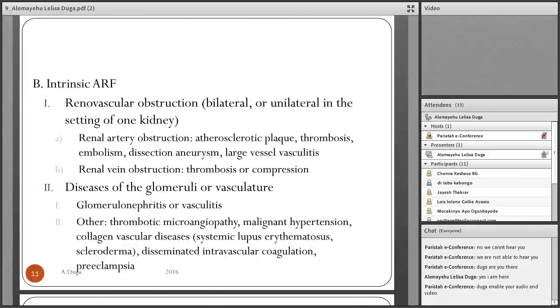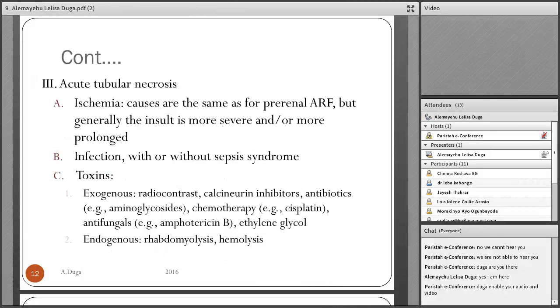The second one is intrinsic. This is related to kidney problem, which is usually due to nephrons. So renovascular obstruction, diseases of glomerular and vasculature. So intrinsic acute kidney failure is all about kidney problems, glomerular filtration, as well as nephrons. The third one is acute tubular necrosis.